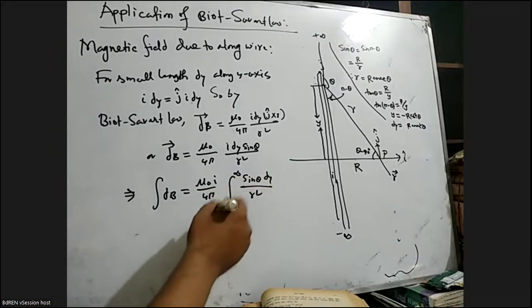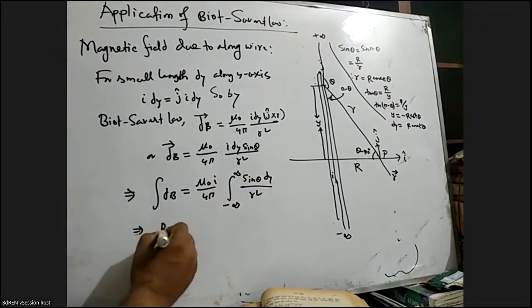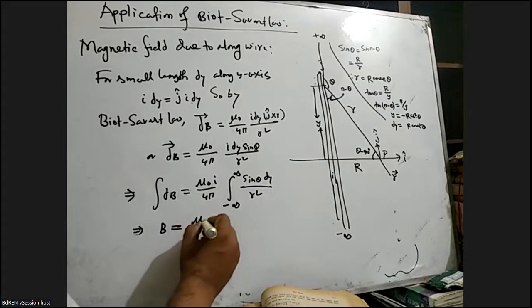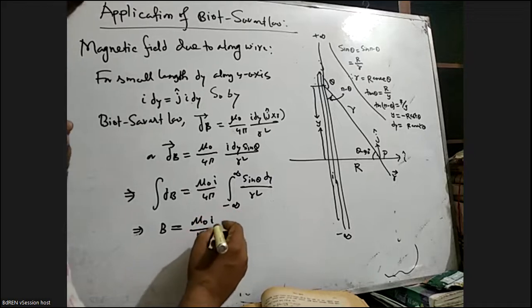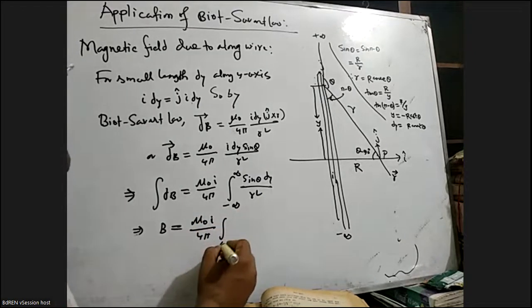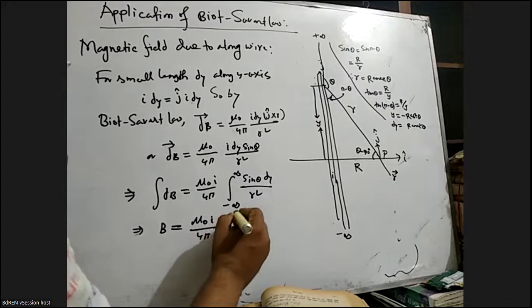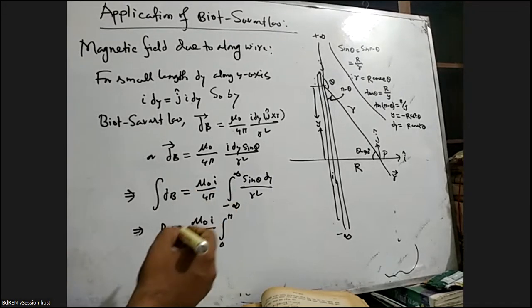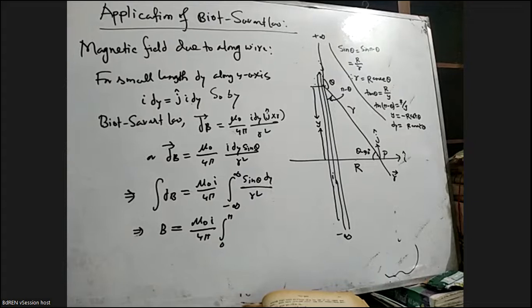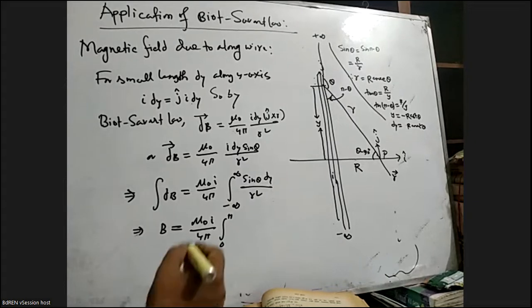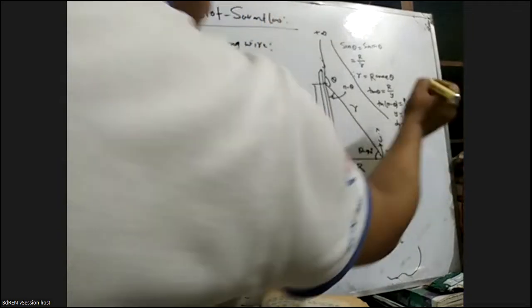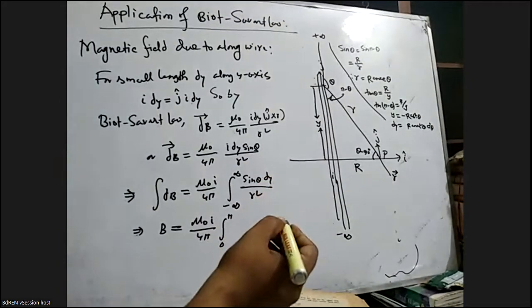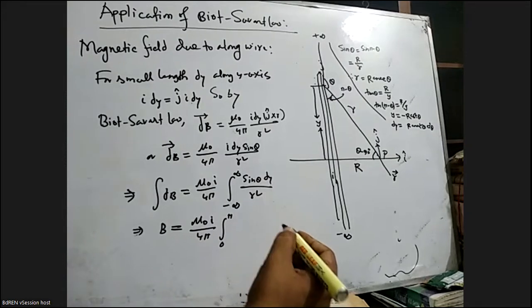So now the total magnetic field B equals mu naught by 4 pi I, and the integration changes to 0 to pi with d theta, that means y transforms to theta.